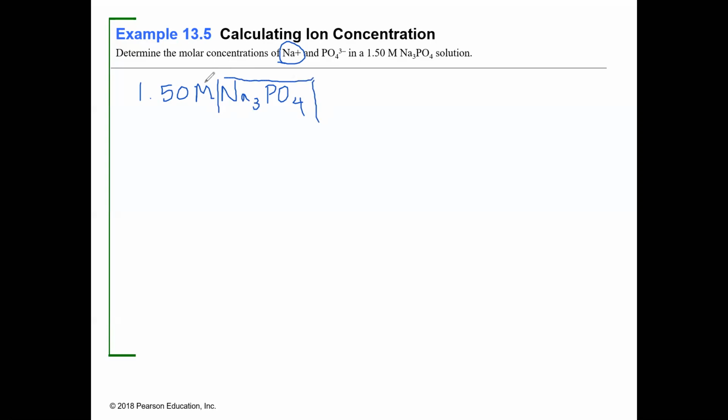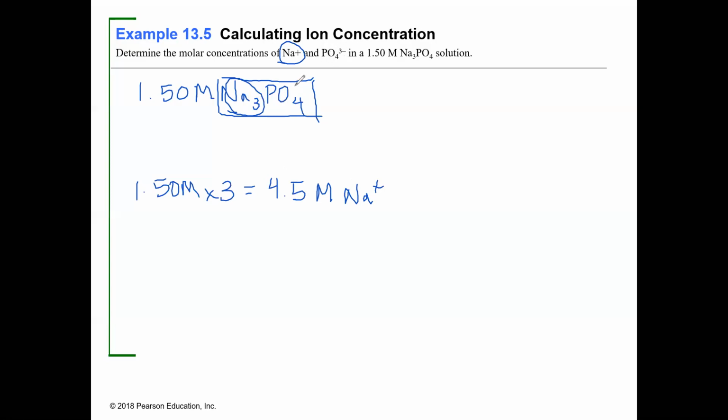For every one of these, I'm actually going to get 3 sodiums. So if I have 1.5 molar, I'm going to need to multiply that by 3 because I get 3 every time it breaks apart. And we end up with a 4.5 molar concentration for the Na+ ion. So it's a pretty easy calculation. You just multiply by how many you have.